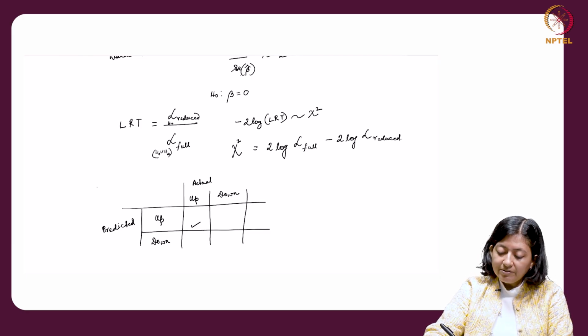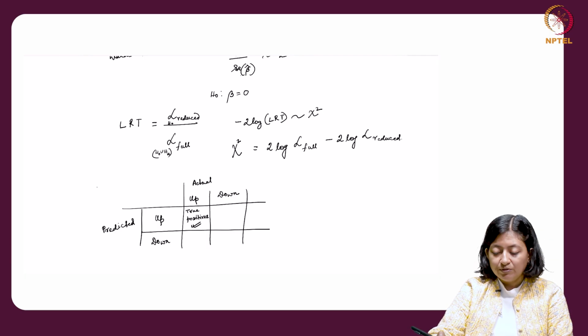If the ups have been predicted as ups, then we call it true positives. And it's a situation where we do not have to worry. Similarly, if the downs have been predicted as downs, we call them true negatives.